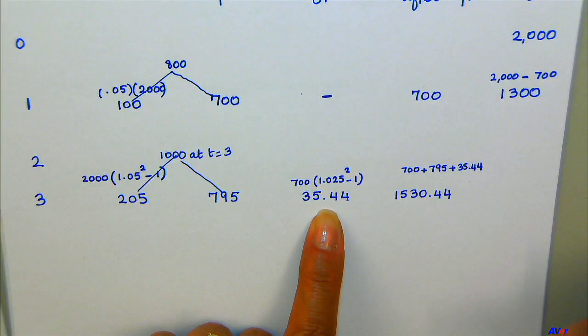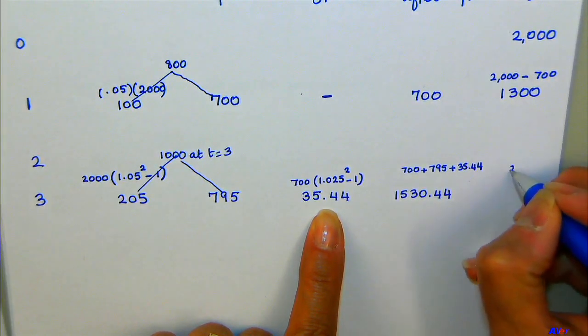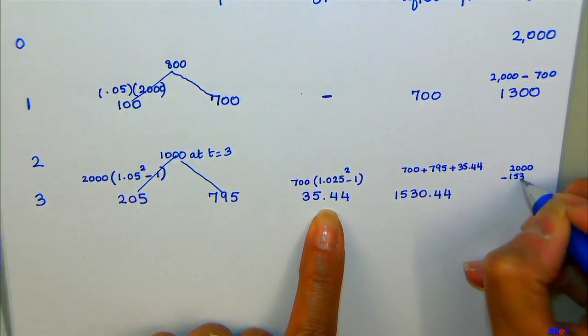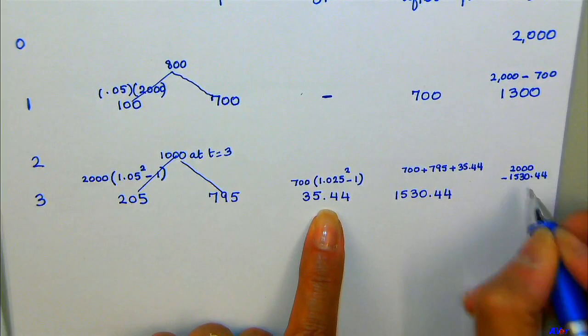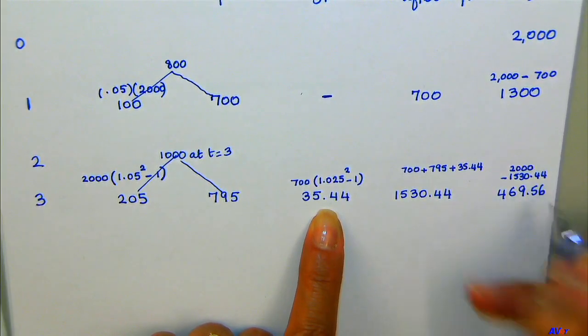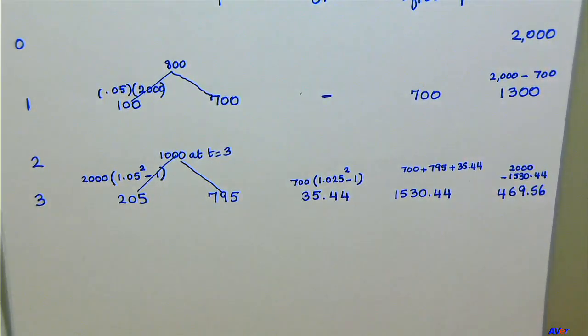And therefore the net OLB is 2,000 minus 1530.44, which will be 469.56. Does this make sense or no? Any questions so far?